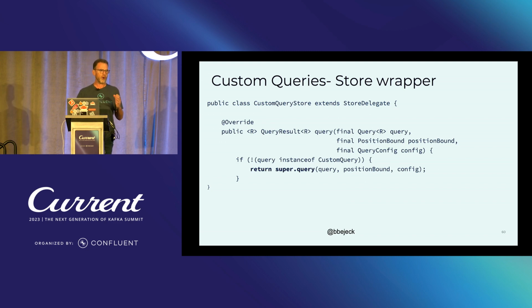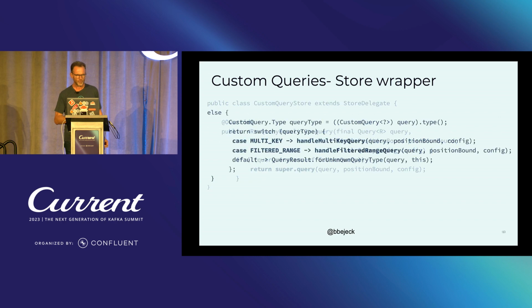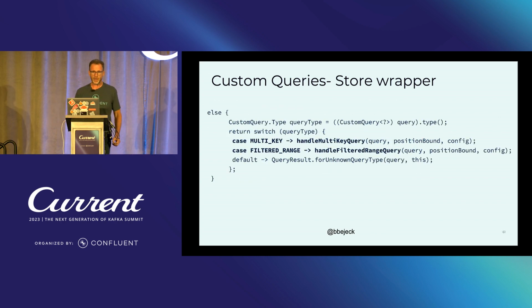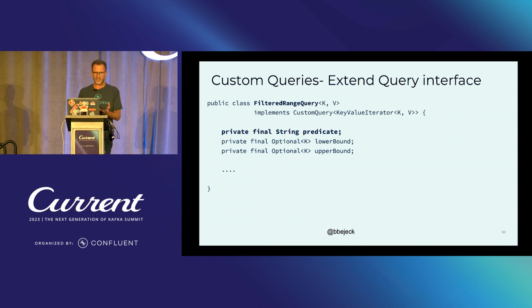So all the existing queries are automatically handled. But now that we get a custom query, we can handle that directly. We're only going to talk about the filtered range query. The filtered range query has an upper and a lower bound, but it also takes a predicate.